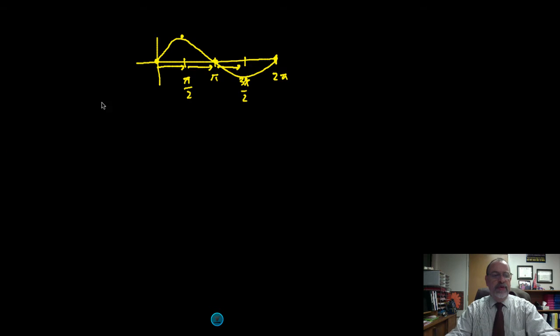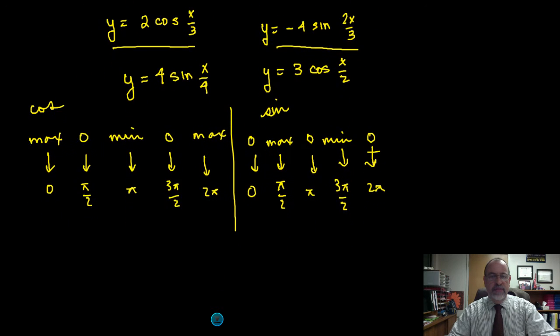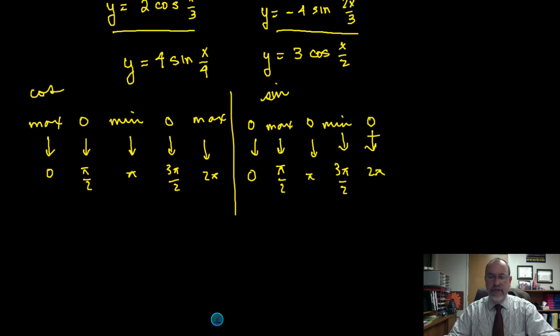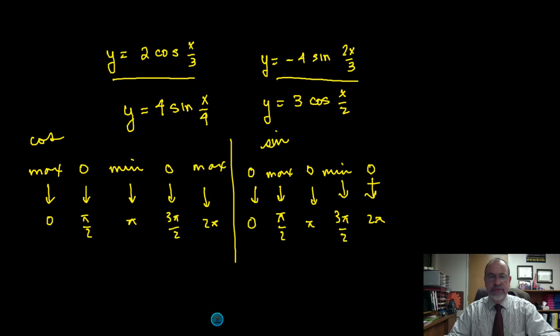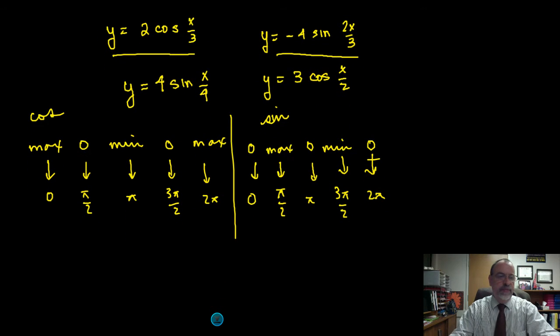Now again, because we're having stretches and shrinks, these are going to change. They're going to be different based upon what the stretch or shrink does to the graph. Okay, so let's do a couple of those, as I said, that I have listed up here. And I'm going to sketch them on here, and then I'm going to put them on the graph paper so you kind of see how it stretches or shrinks based upon what we have.